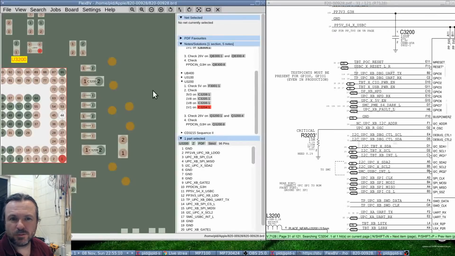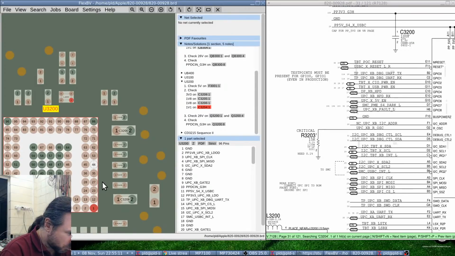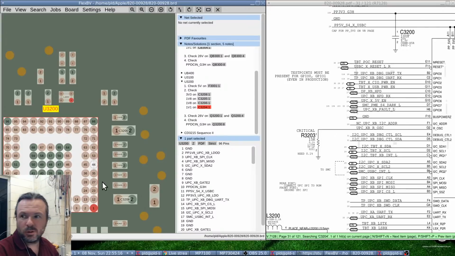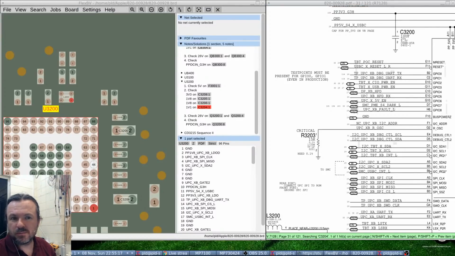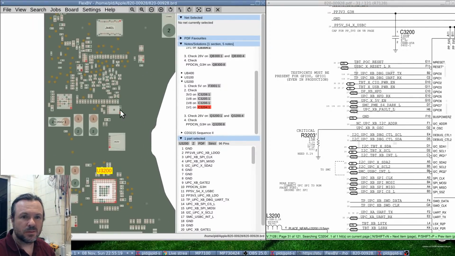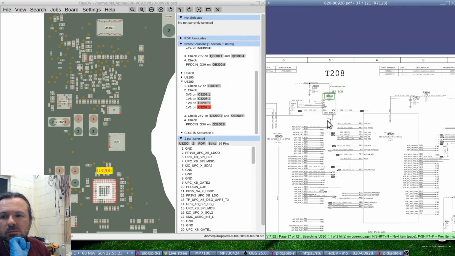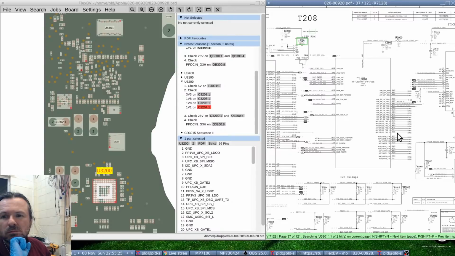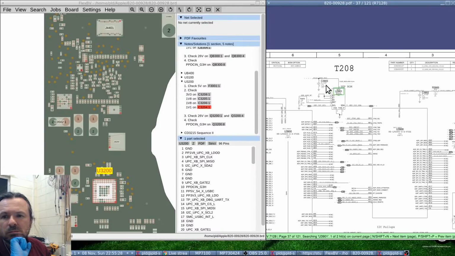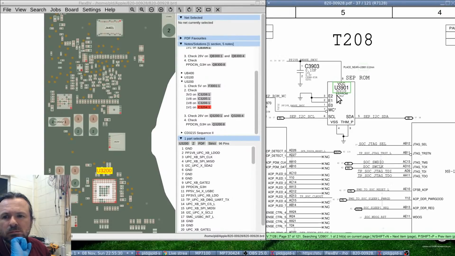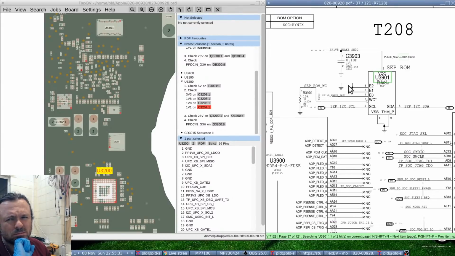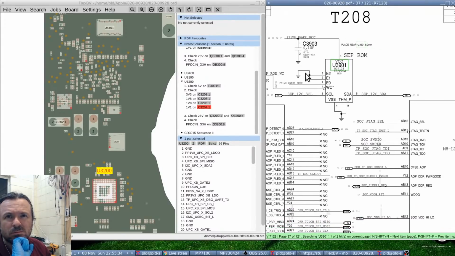It's probably going to be easier for me to just find the ROM chip there and work back from that. Is that the one? $28.90 or UVO 90.